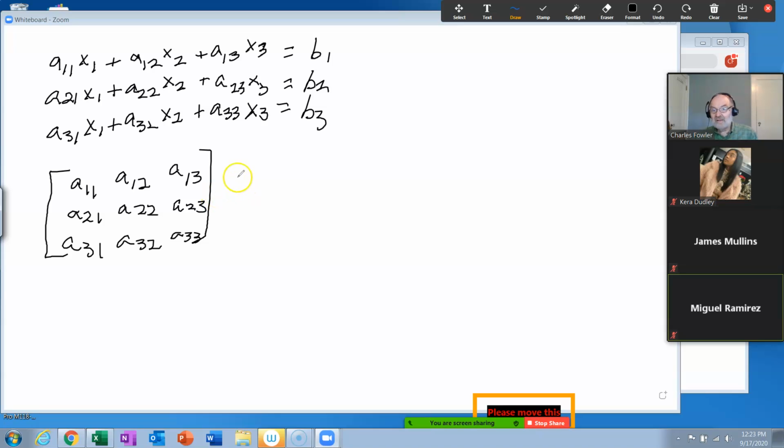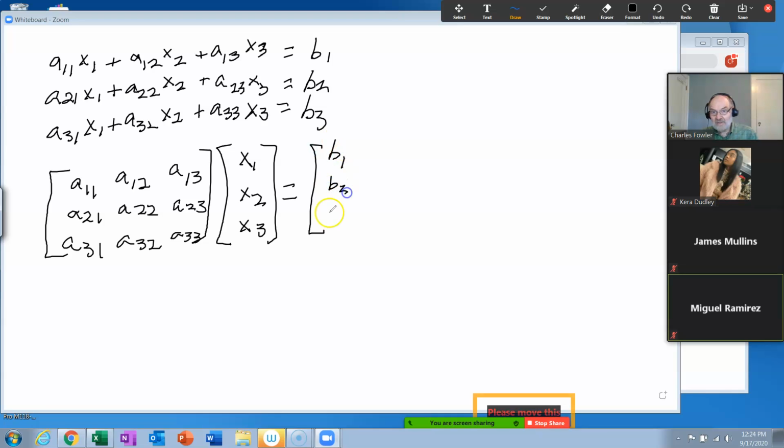Now that we know how to multiply, we multiply that by a column matrix or column vector, x1, x2, and x3. That's equal to another column vector, b1, b2, and b3.